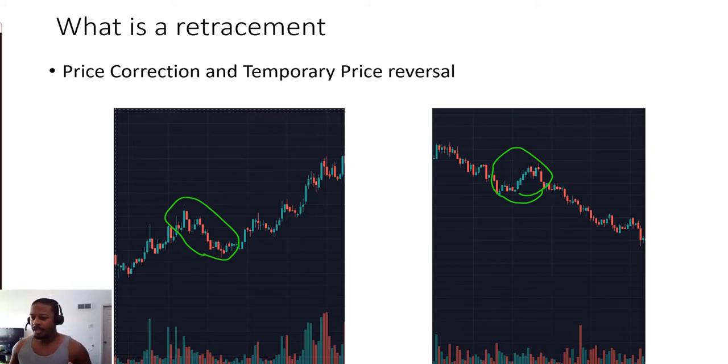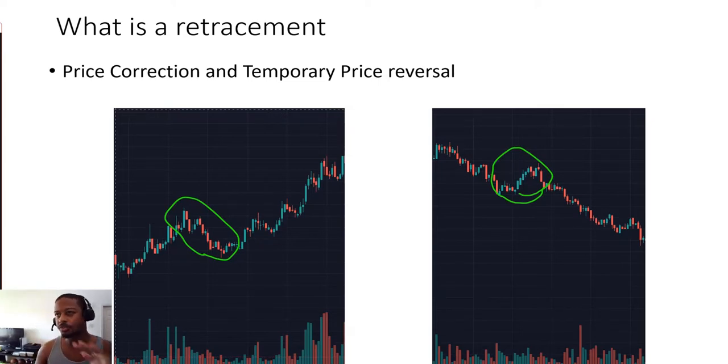And if you've been in the markets for a long time, whether it's stocks, forex, or any other market that you might be trading derivatives, stuff like that, you understand that they don't just go straight up. They go in a zigzag pattern, or sometimes in a wave when they're moving up or moving down.